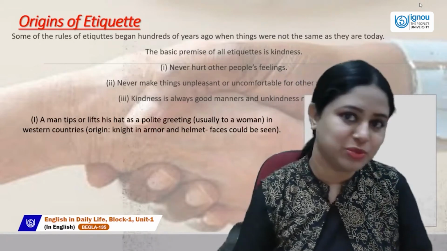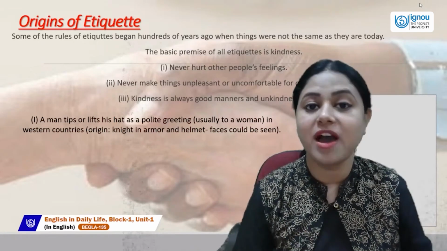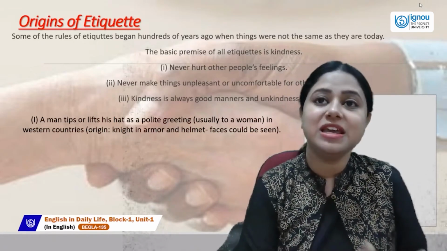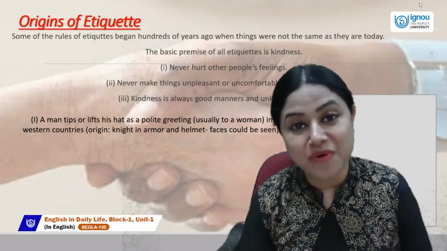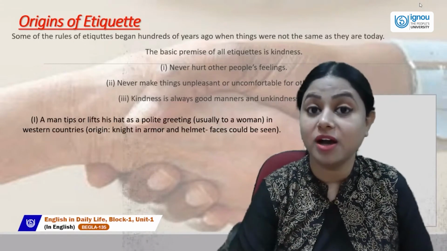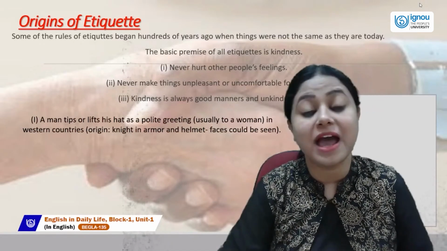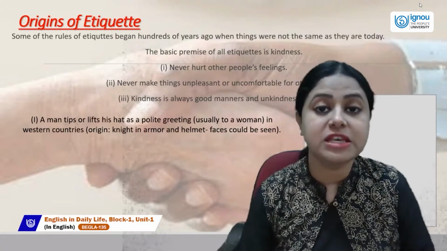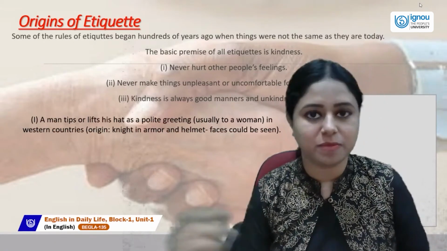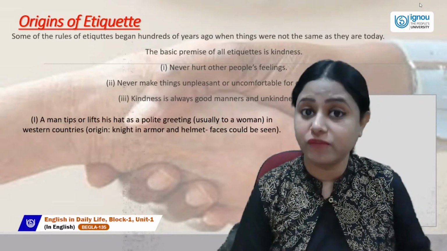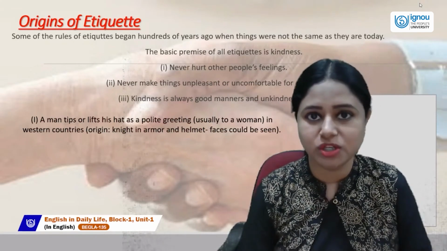You don't see people doing that now, but even from the times when there were knights wearing all those armors, it continued, and the helmet transformed into the hat. So that particular behavior where they had to take off the helmet to show their face became the tipping of the hat. With the helmet they had to show their face, but with a hat the face is already visible, so you don't need to do that.